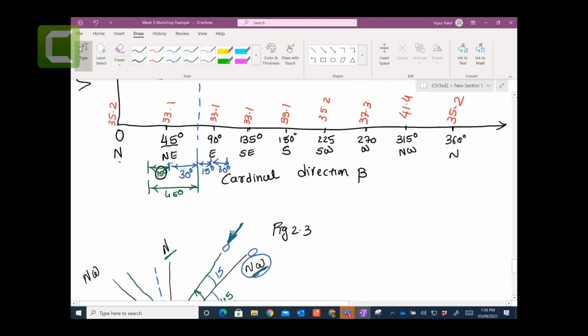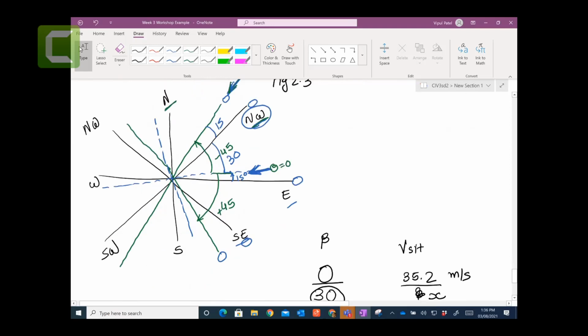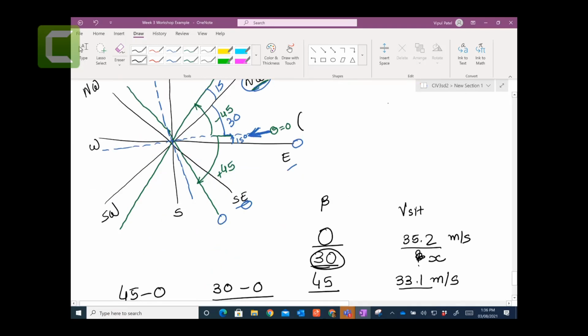So theta equal to 0, which is here, let me draw the neat figures here, and this blue line is here.